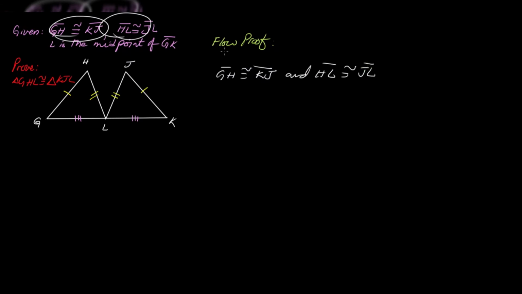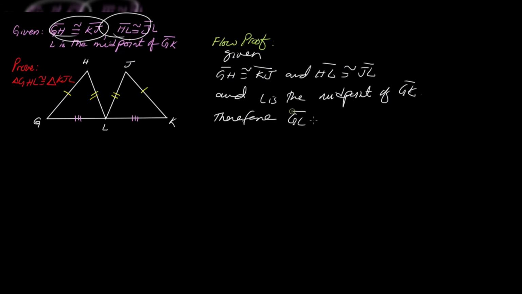So this is given, and then you can say L is the midpoint of segment GK. That's all given. Therefore, GL is congruent to KL by definition of midpoint.